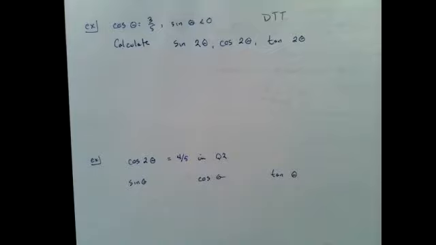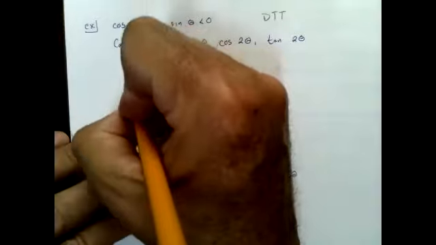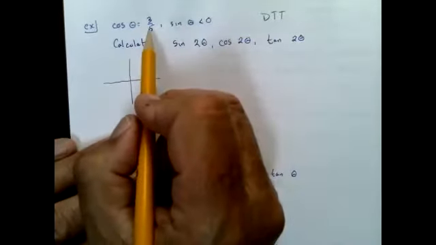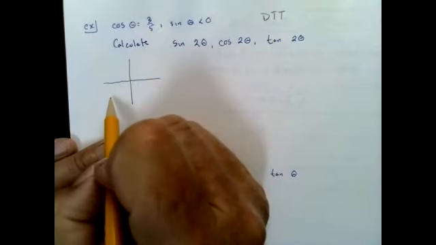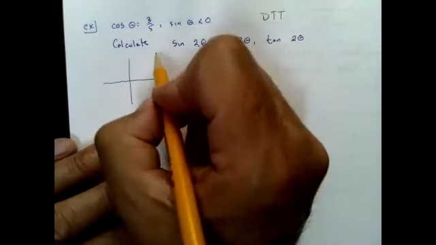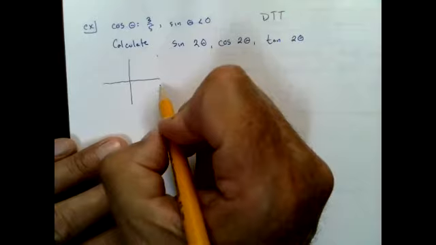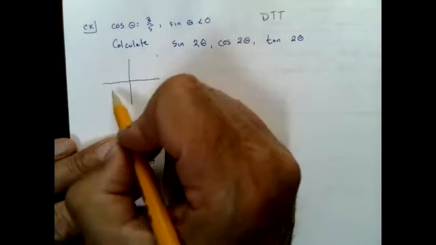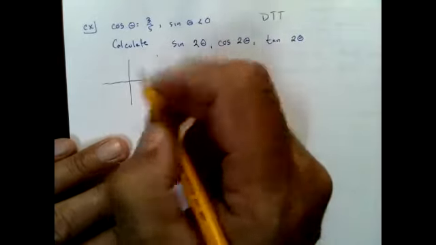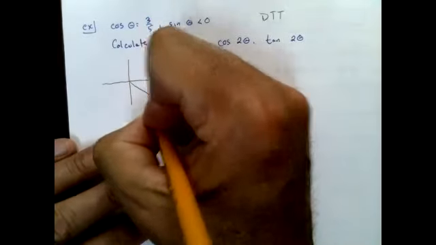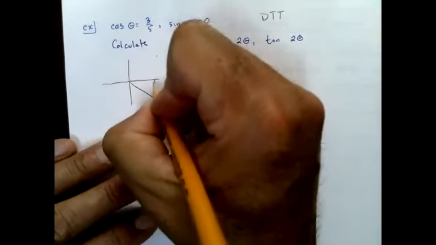What's DTT stand for? Draw the triangle. I'm going to draw the triangle. And I know that the cosine, all spiders taste crunchy, is either in this quadrant or this quadrant. All spiders, but the sine is negative, so it's going to be in this quadrant. So here's my theta.